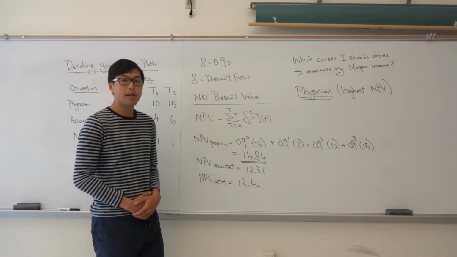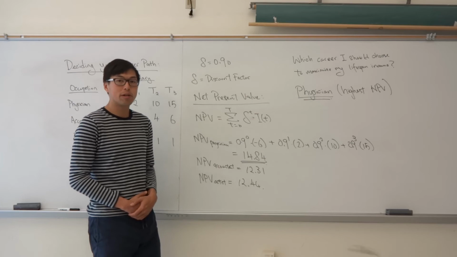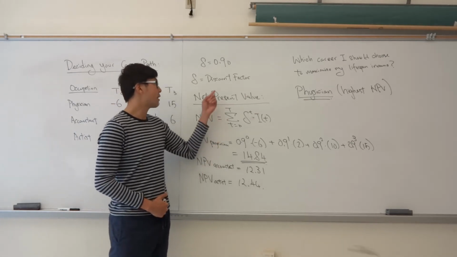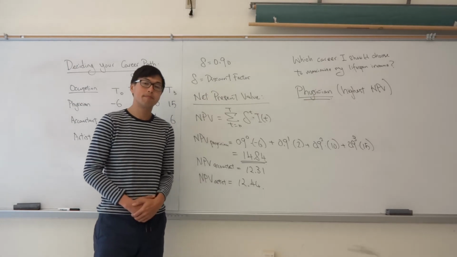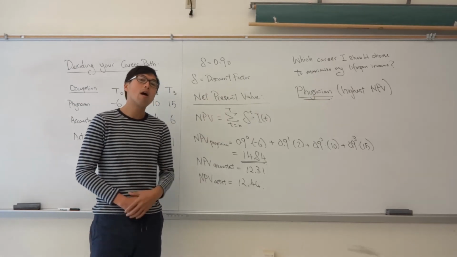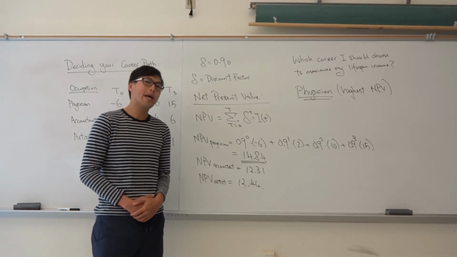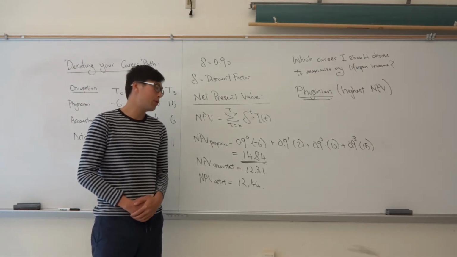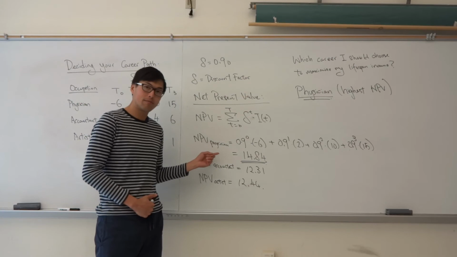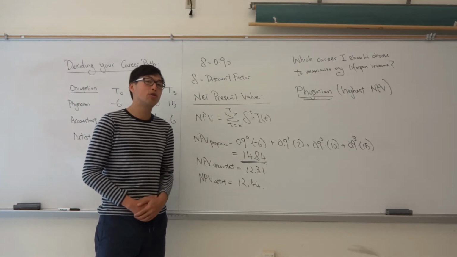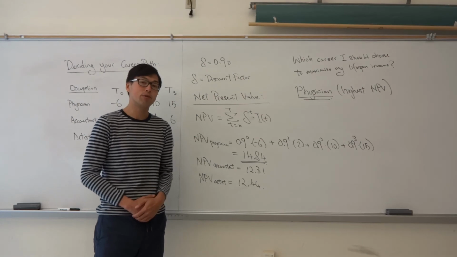So remember, we calculated the interest rate, the market interest rate, which is the discount rate from my discount factor equation. So that R must be lower than the internal rate of returns to become a physician. And that's the only reason to explain why I would choose physicians to be my future career.